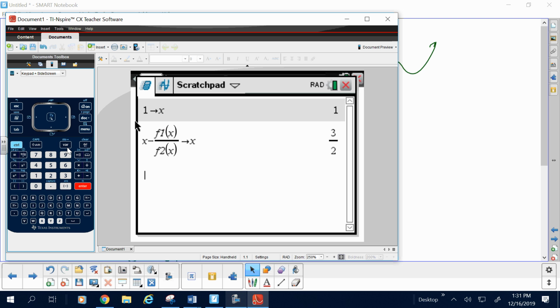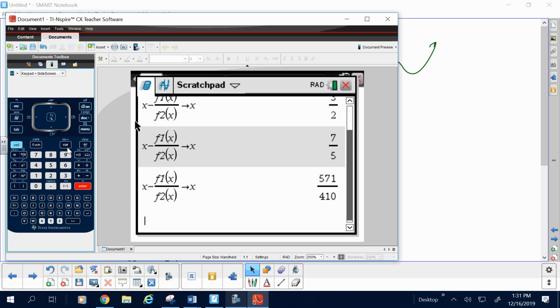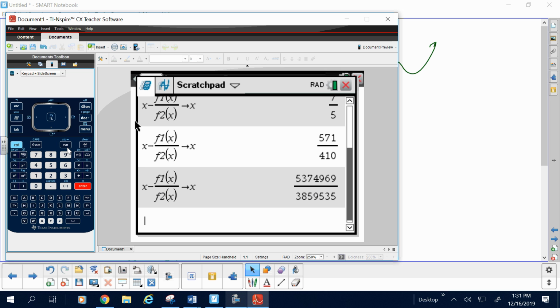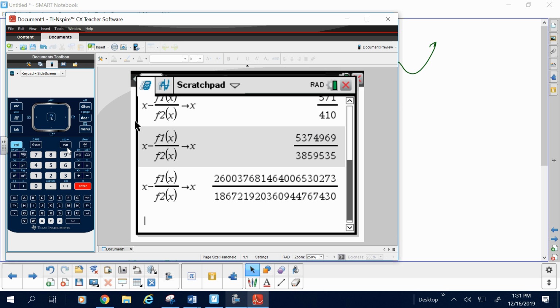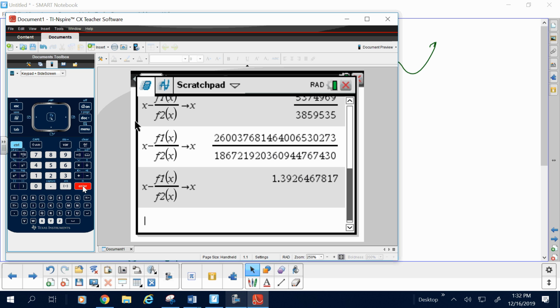And then you hit enter. That's the first iteration. The second iteration then, that's x2, x3, x4, x5. I was not about to write all that, so I said that is approximately equal to 1.3926. Okay?